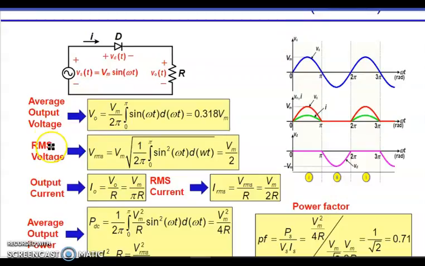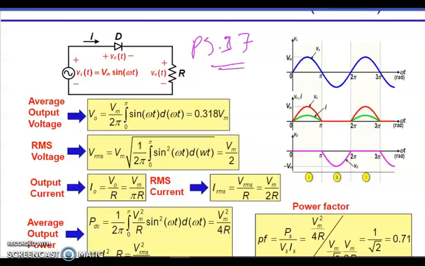So we are able to calculate the average and RMS output voltage, then the current and the power. All three parameters of voltage, current and power can be calculated by these equations. If you refer to your textbook, you can find this on page 37.